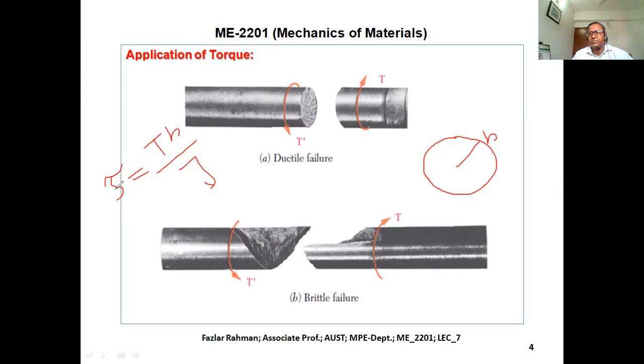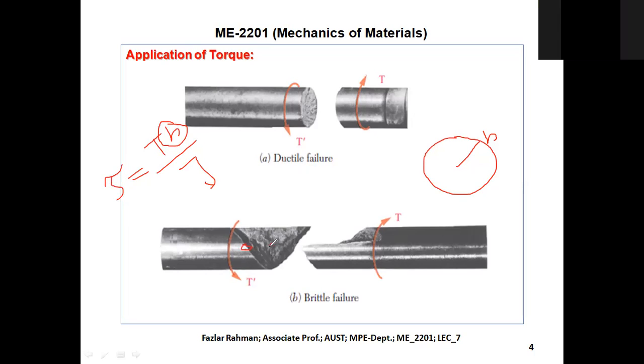You see, 0. So shear stress will be maximum at the outer fiber, and at the center of the shaft, it will be 0.